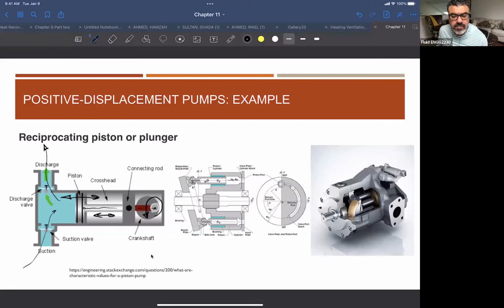Okay. The only problem for the reciprocating piston is that, as long as this piston is moving, the connecting rod here is applying different types of force depending on the angle of this connecting rod. So you might see variation of the flow and also the pressure, depending on the angle of this crank, how it is rotating.